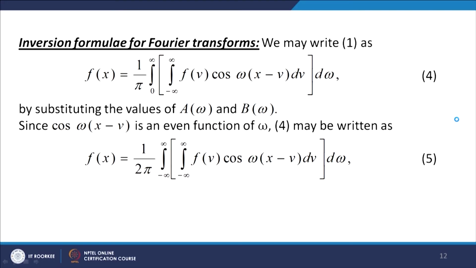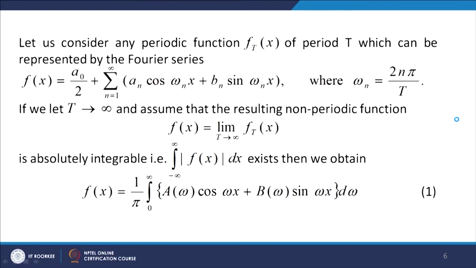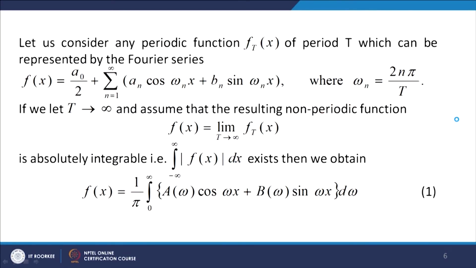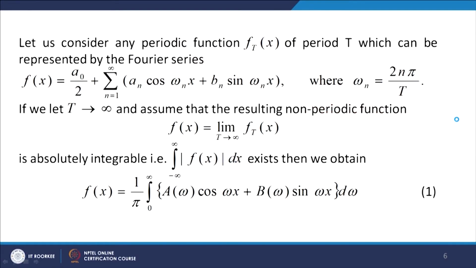We may write equation 1 as follows: let us put the values of A omega and B omega in this Fourier integral representation. Then we will have f(x) equal to 1 over pi integral from 0 to infinity, integral from minus infinity to infinity, A omega becomes f(b) cos omega b db. So, we will have f(b) cos omega b into cos omega x, and when you put the value of B omega you get f(b) sin omega b into sin omega x d omega.